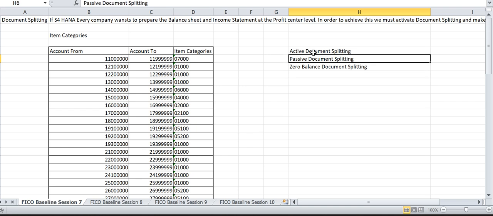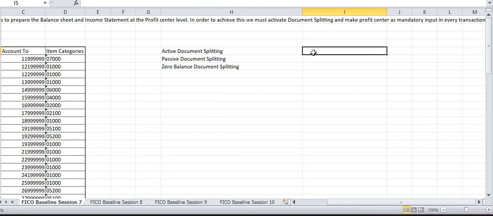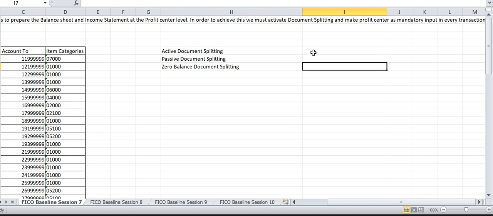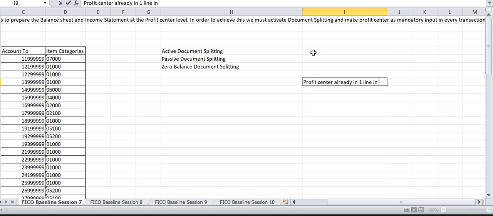Active document splitting comes into picture when we already have a profit center in one line of the entry, but in another line we do not have a profit center.